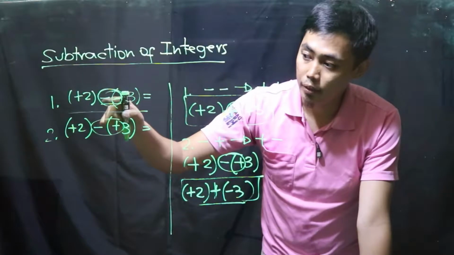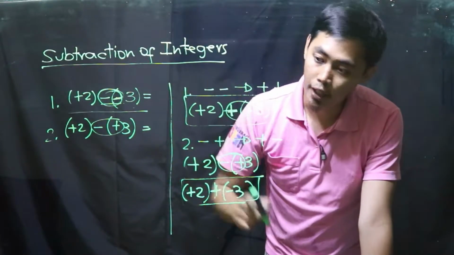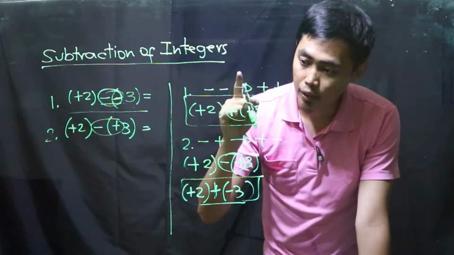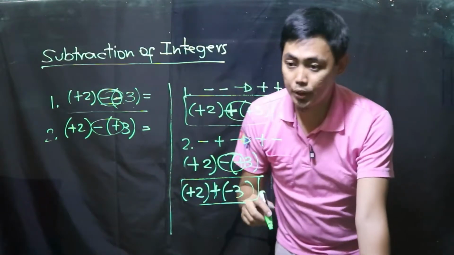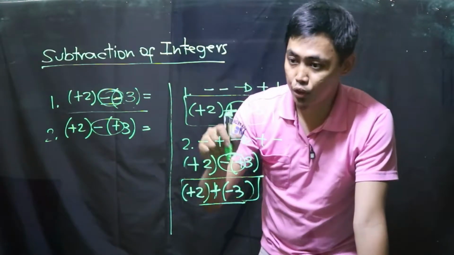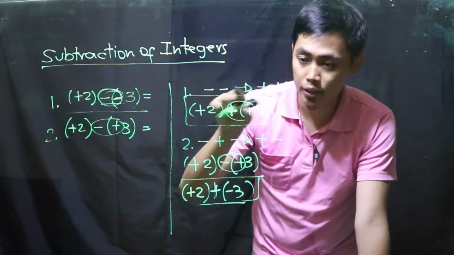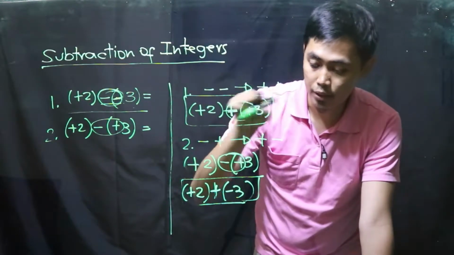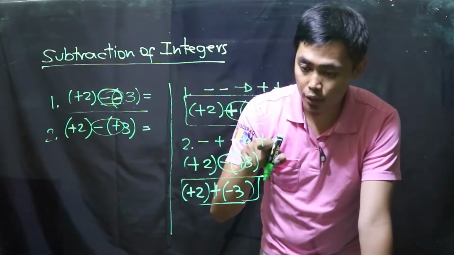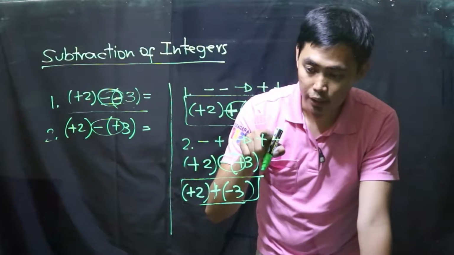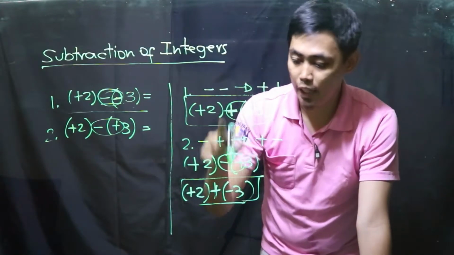So the first step is change it to addition, and then if you already changed it, proceed with the steps in adding integers. Now again, the rule is if it is minus minus, you need to go to plus plus. If it is minus plus, you will need to interchange the two symbols, and then write plus minus. So you will have this. Okay?